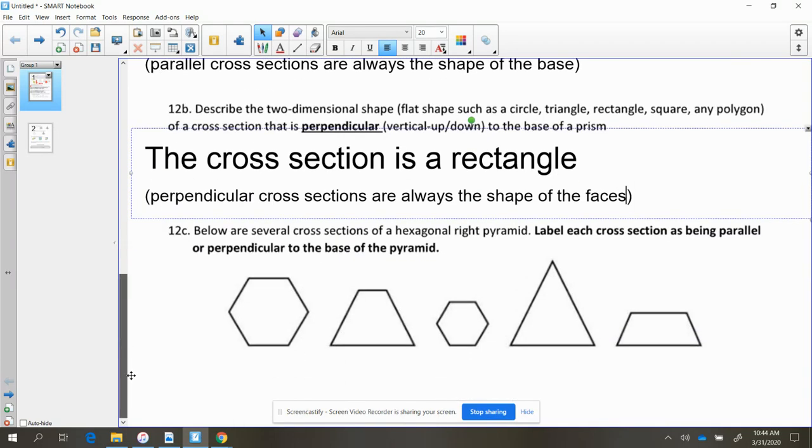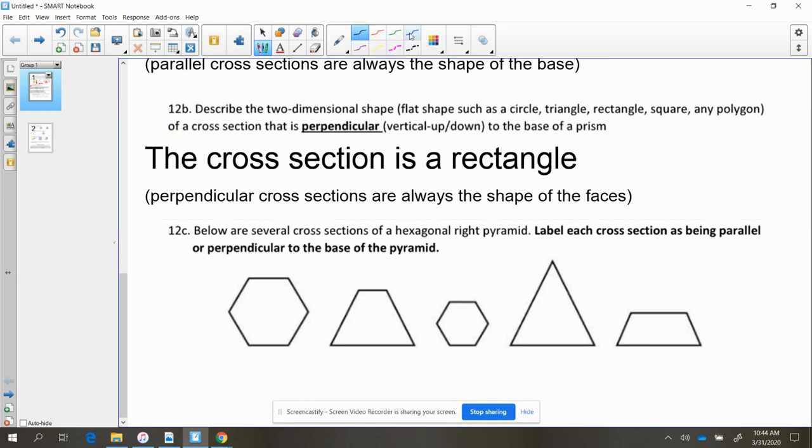Okay, so down at the bottom, notice now we're going to be talking about a pyramid. What we want to do is, based on where we're slicing the pyramid, say what is this representing? Is it representing a parallel horizontal cross section, or a perpendicular vertical cross section in our pyramid?